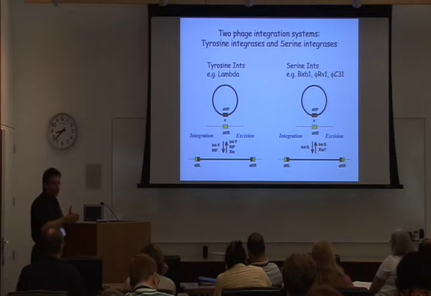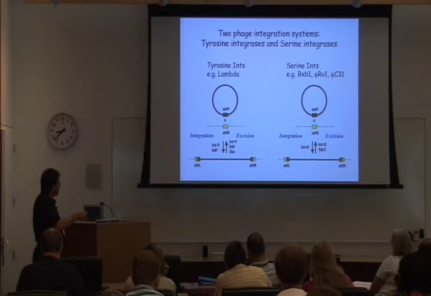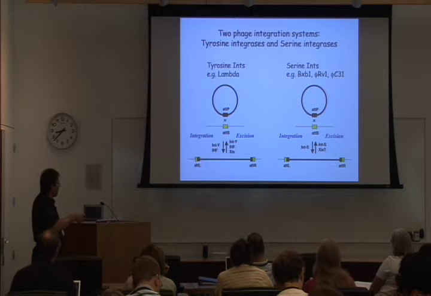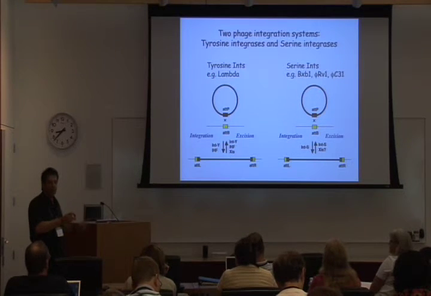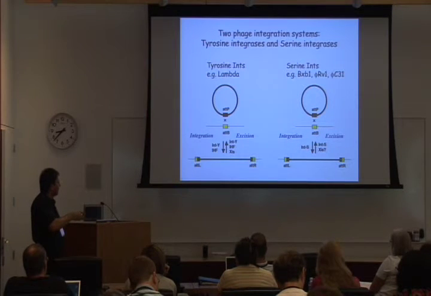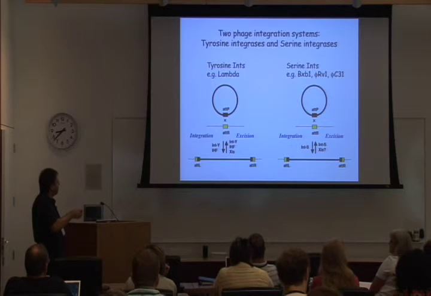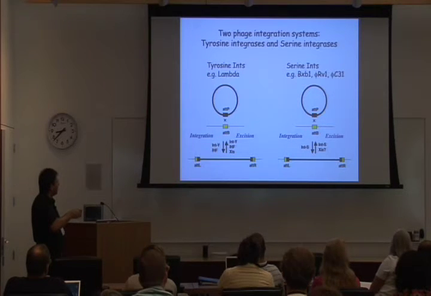And as a consequence of integration, this prophage is now sitting genetically quiet within the chromosome and is flanked by these hybrid sites, ATL and ATR. In the process of integration, this integrase enzyme catalyzes this reaction.